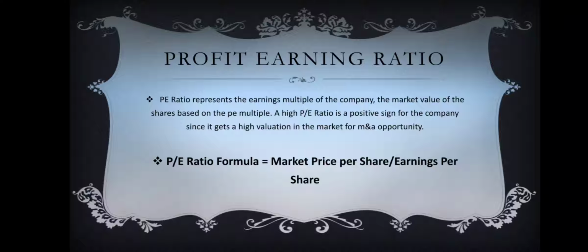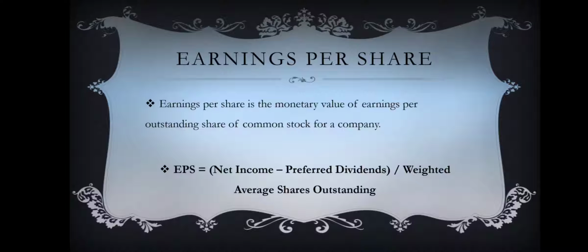PE ratio formula is equal to market price per share divided by earnings per share. Earnings per share is the monetary value of the earnings per outstanding share of common stock of a company. EPS is equal to net income minus preferred dividends, whole thing divided by weighted average shares outstanding.